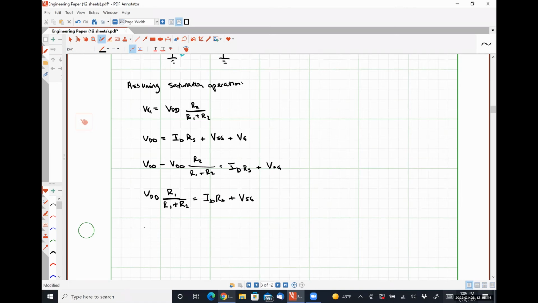So that's going to give me ID is equal to VDD R1 over R1 plus R2 minus VSG, all times a factor of 1 over RS. I can then set this ID equation equal to my saturation region drain current equation.